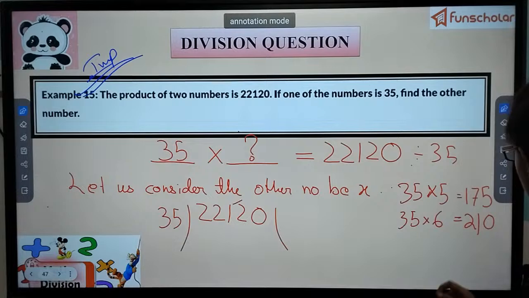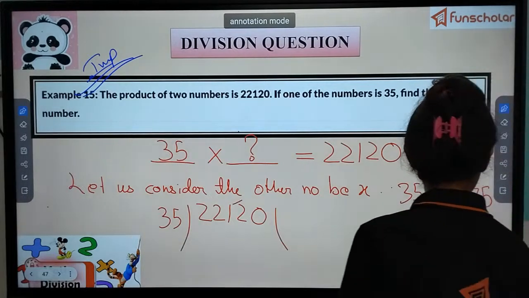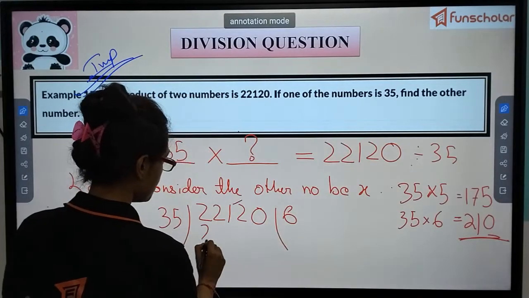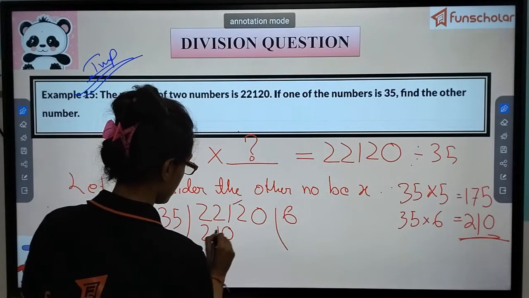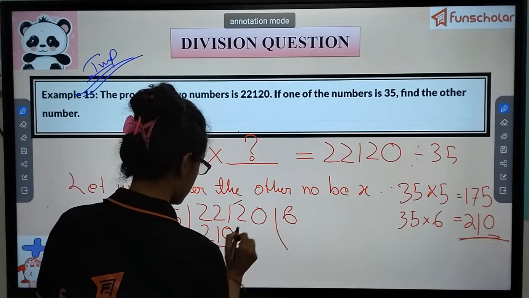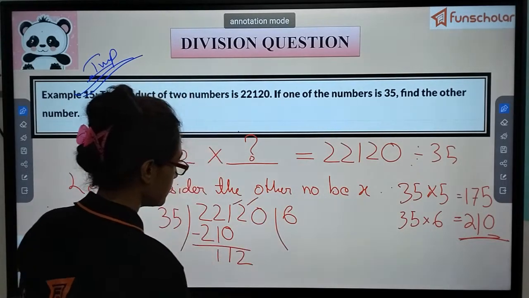So the nearest number is 210. So 35 6s are 210. 1 1 it will come 2.